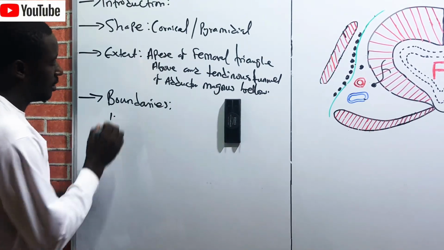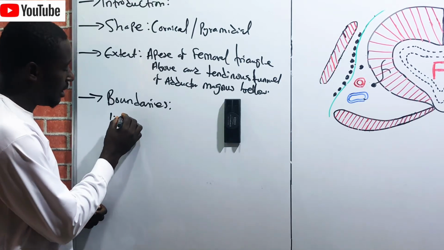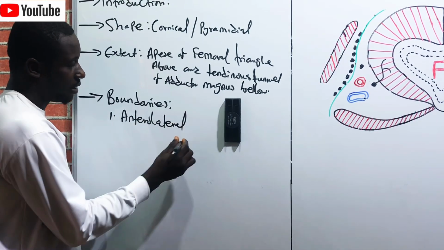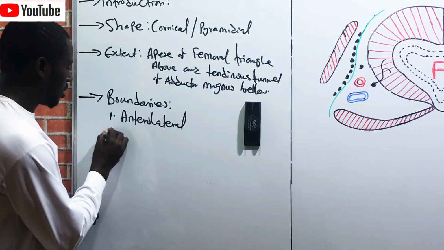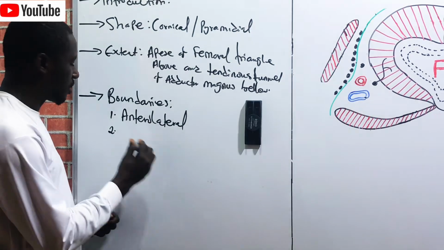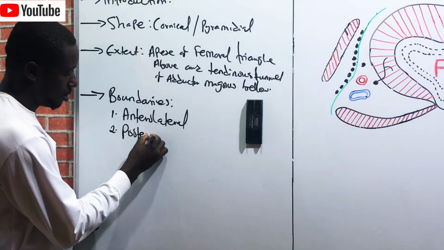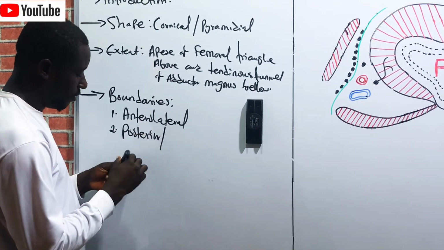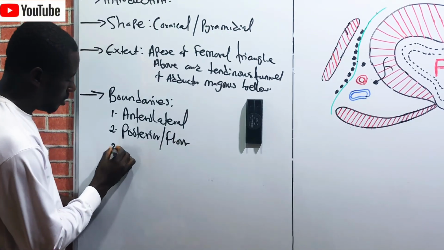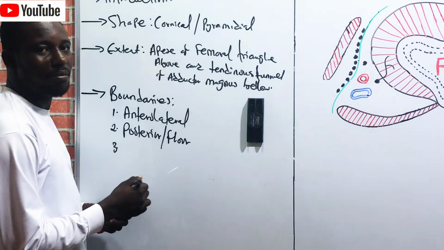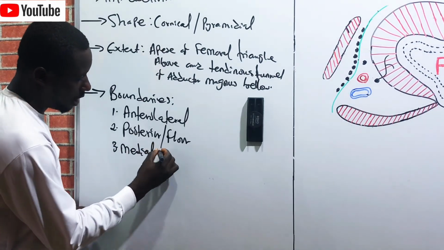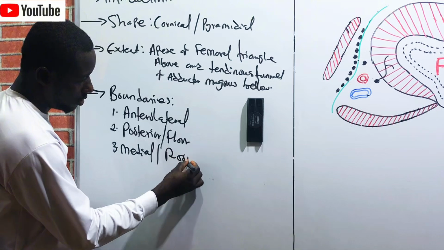The first boundary is the anterolateral boundary. The second boundary is the posterior boundary, or the floor of the adductor canal. The third boundary is the medial boundary, or the roof.